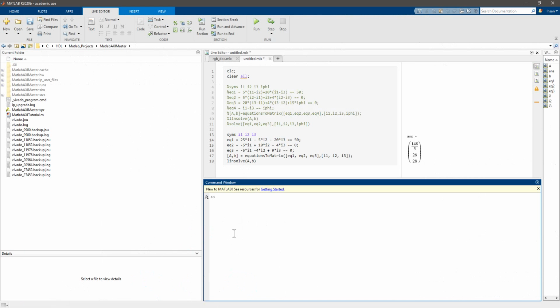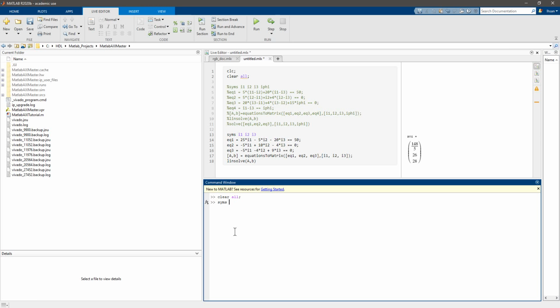to help me. What I'm going to do is first I clear all the previous variables, so that everything is clean in the memory. Then I use the syms command to create my variables, the unknowns that I would like to solve.